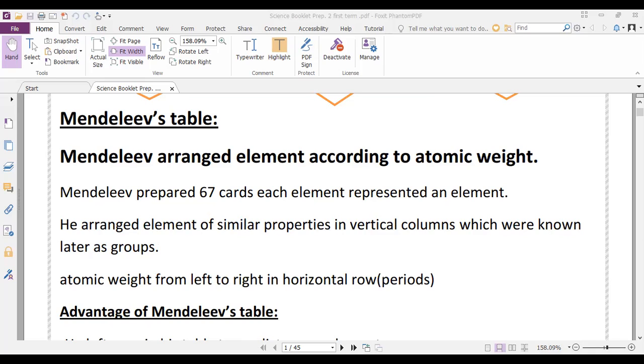Okay, listen to me, Hussein. Any element as x, if you have element x, it has two numbers.